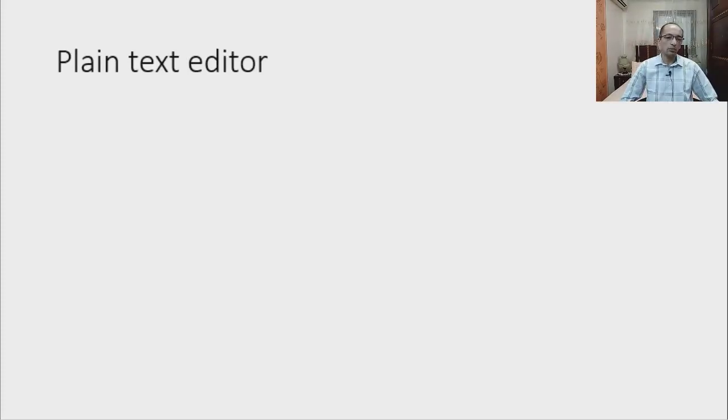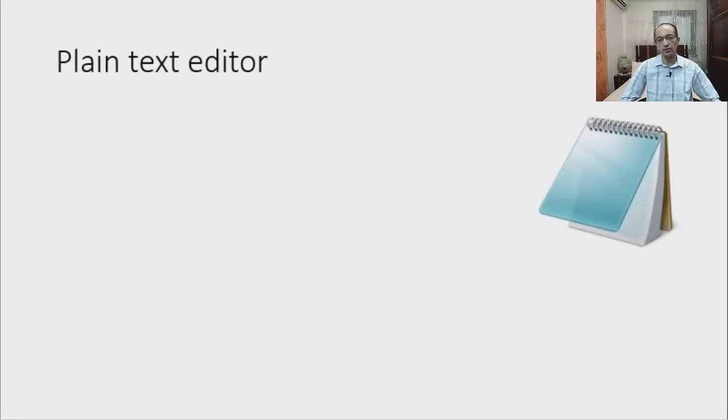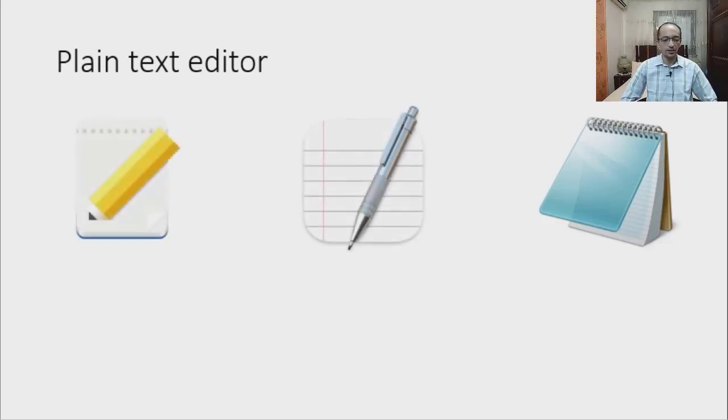We will also want to use a plain text editor, such as Notepad in Windows, TextEdit in Mac, gedit in Linux. They are just programs where you can write text as is, without formatting, without saving formats, without changing the font size.